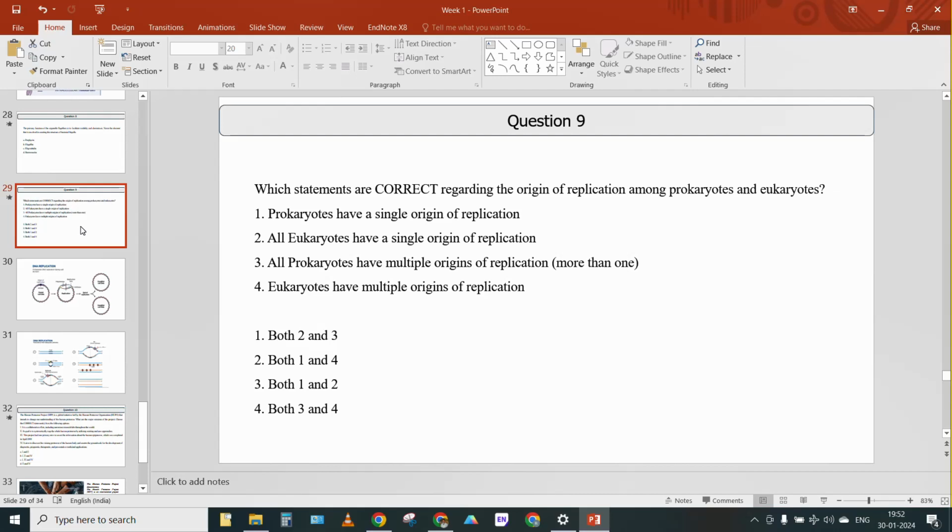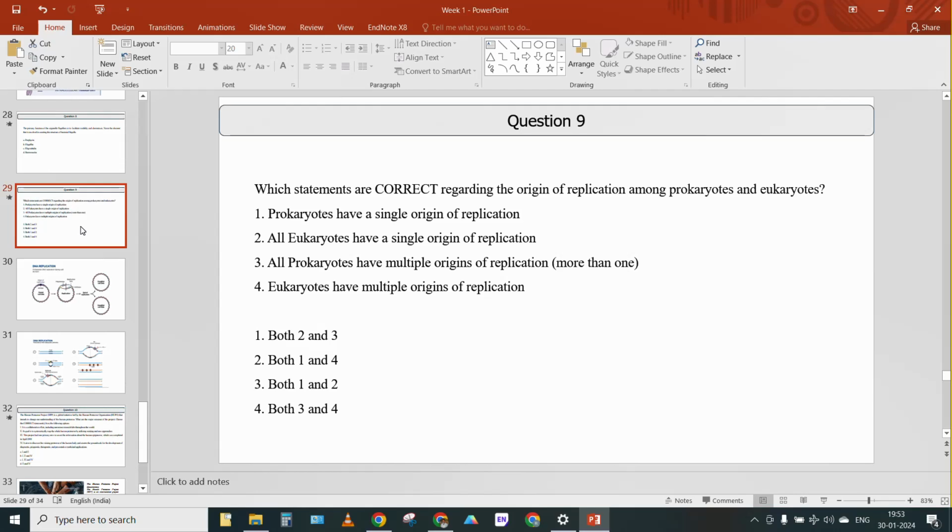And statement 4 states that eukaryotes have multiple origins of replication. Does anyone know about the origin of replication of prokaryotes and eukaryotes? Anyone? 1 and 4.